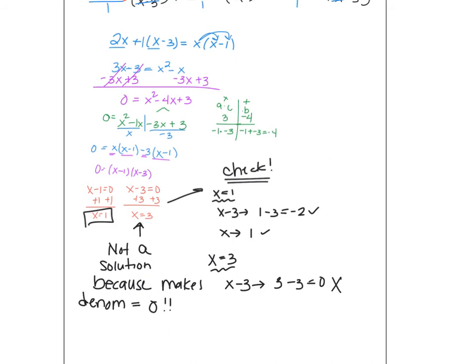You're not allowed to have the denominator equal to 0. So in this example, you actually only have one solution, and that one solution is x equals 1. This x equals 3 is what we call an extraneous solution. It looks like it'd be right, but it's really not, because I can't have it in my original equation.